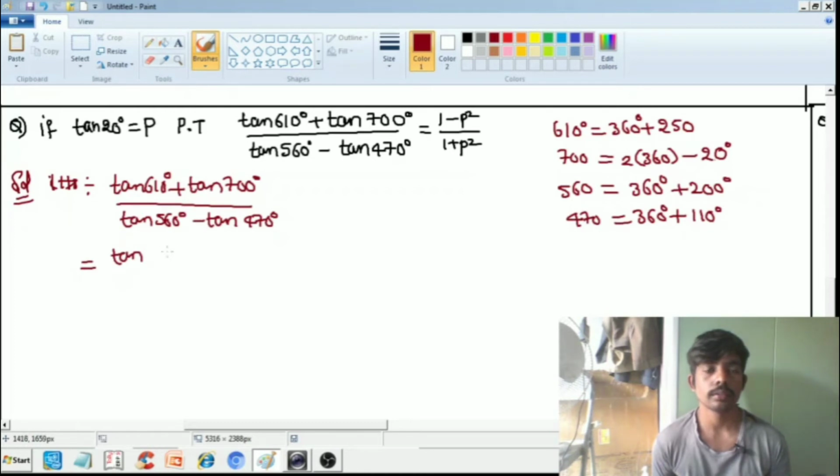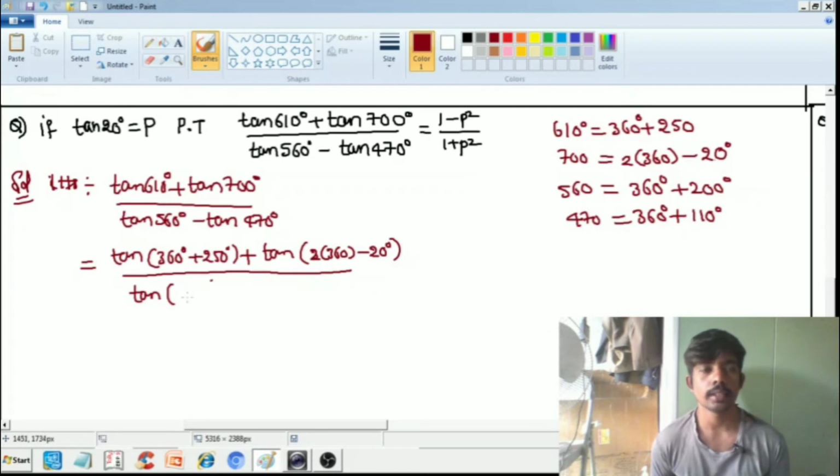So tan 610 degrees can be written as tan of 360 degrees plus 250 degrees, plus tan of 2 into 360 degrees minus 20 degrees, by tan of 360 degrees plus 200 degrees minus tan of 360 plus 110 degrees.